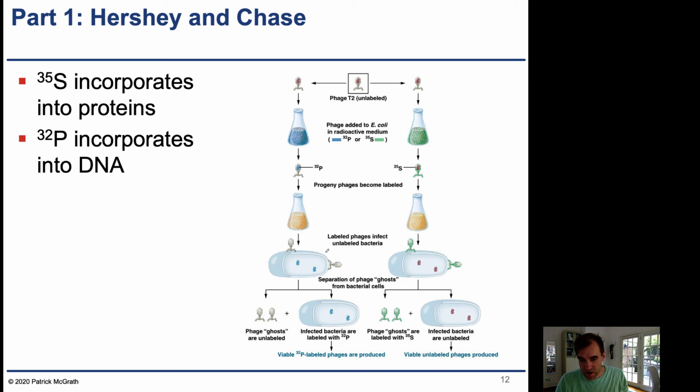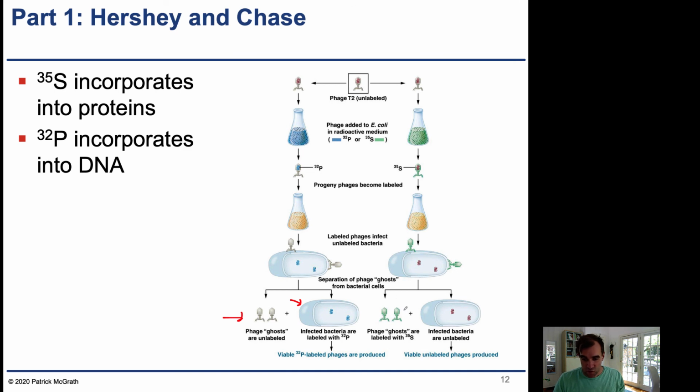So after the phage was able to infect the cell, we can now remove it using some sort of technique, and that technique is able to separate our samples into the phage ghosts or into samples with the host bacteria.